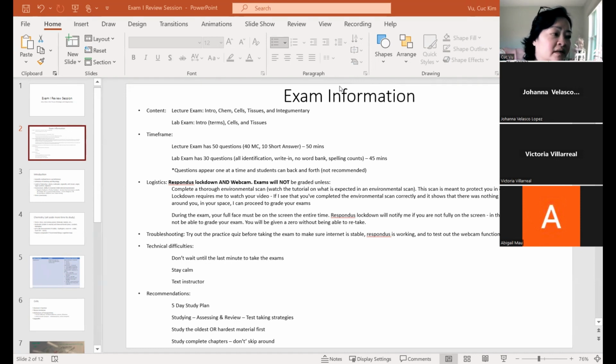Oftentimes students study the easiest, and then they leave the hardest material for the last day, and then they run out of time. So they don't ever study the hardest material. So that's why I usually recommend studying the hardest material first, and then the easier stuff. Or you can study the oldest material first, and then go to the newest. The reason for that is because with the older material, you're less likely to forget.